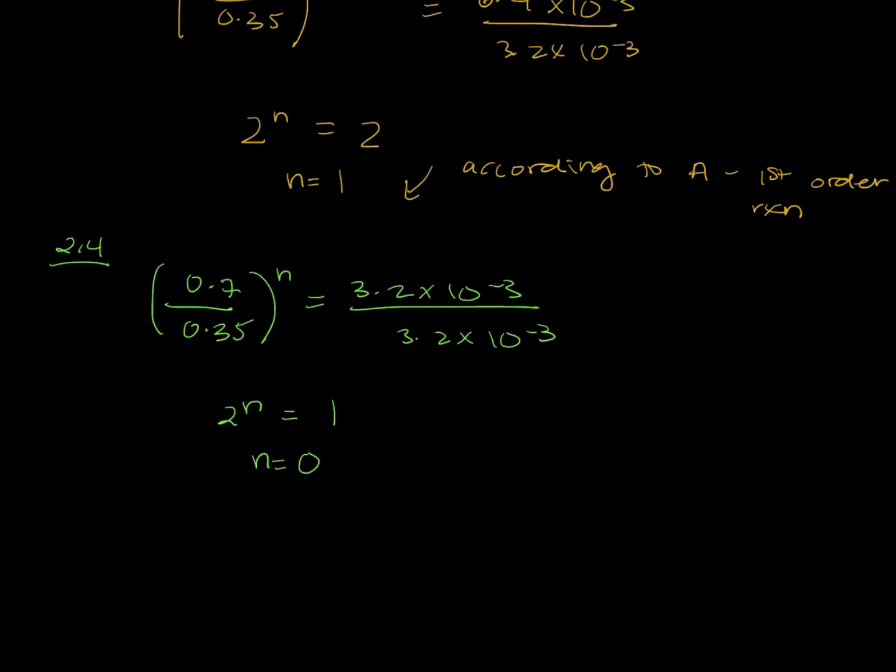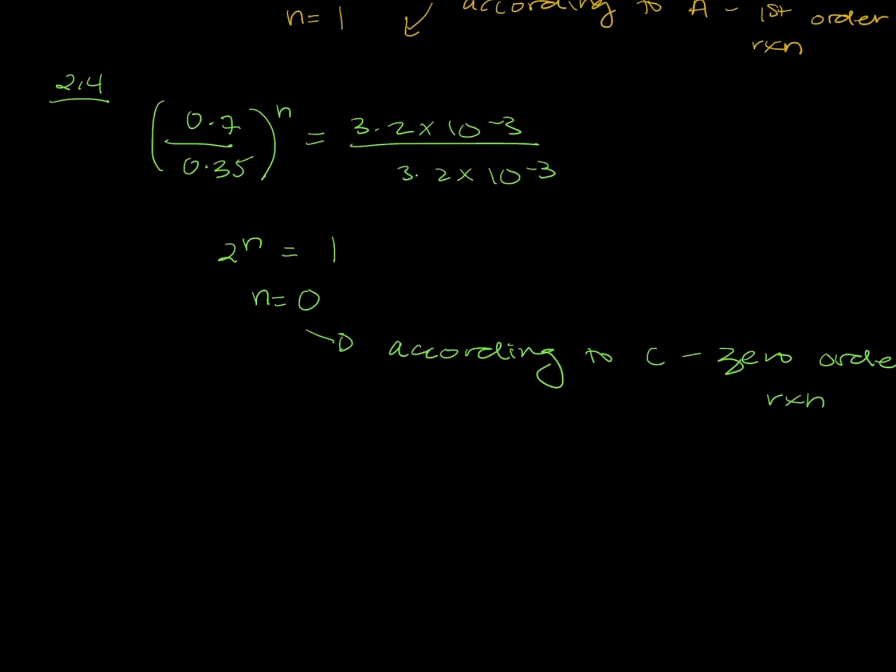We know that n equals 0, so according to C, it's a zero order reaction. That means that no matter how much we change the concentration of C, it's not going to affect the rate at all. And remember, the rate is going to be the concentration over time, right?